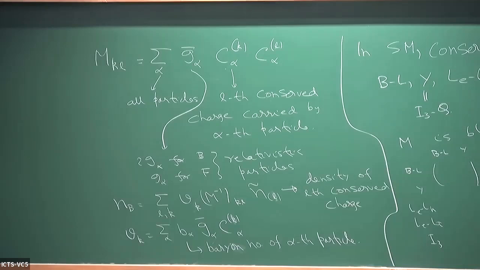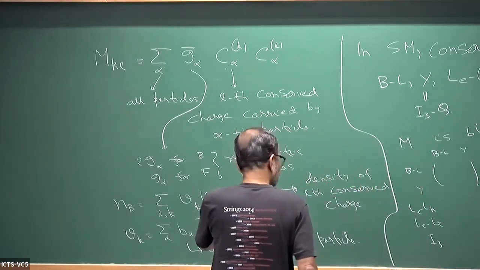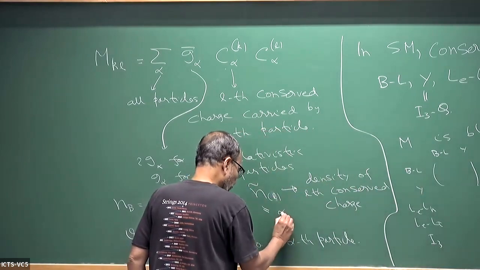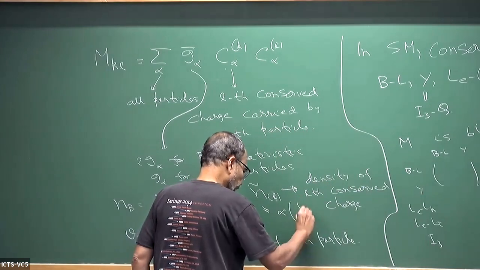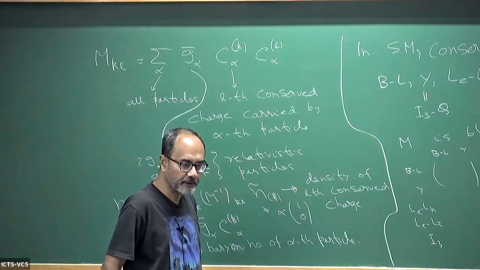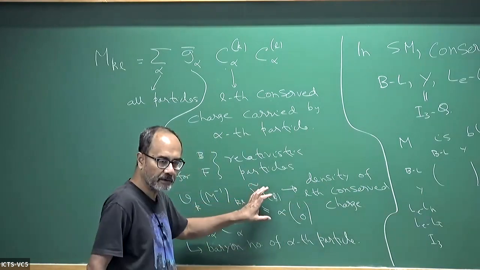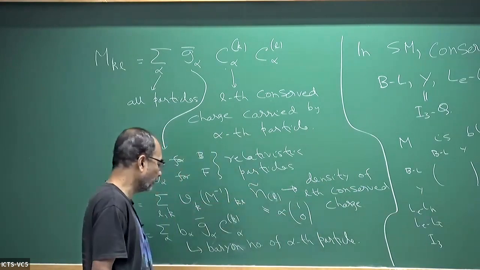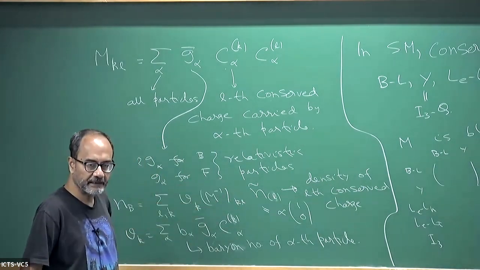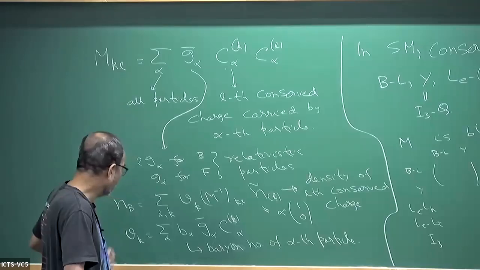So this vector, N tilde L vector, is basically proportional to (1, 0). Only B minus L is non-zero. For Y it is 0. So this vector you already know up to this constant of proportionality. So if you can calculate V and M, we have got the result for all the baryon number.